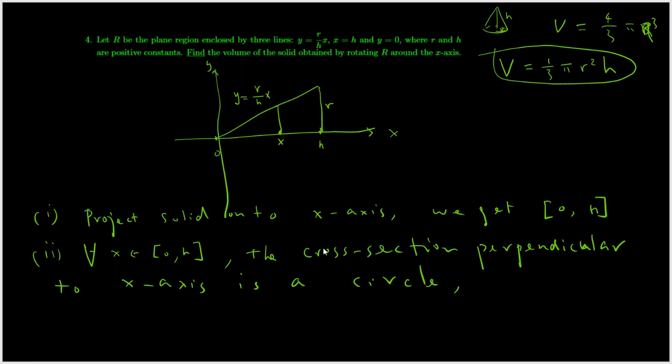For a circle, you just need to get the radius, and then you can get the area of the cross section, right? I will stop here after getting the radius. So anybody want to tell me the radius?